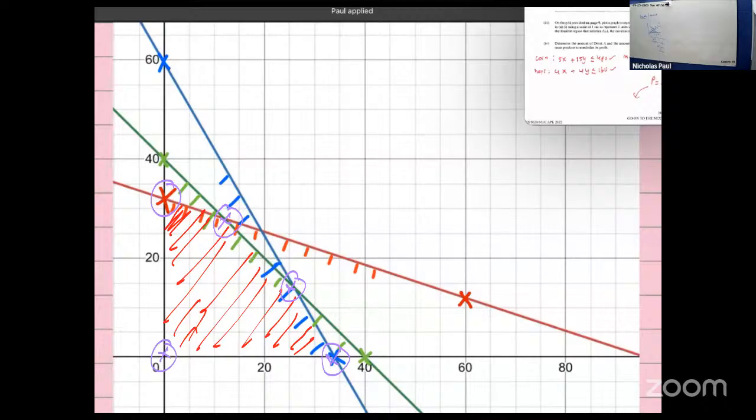Those are your common regions. So all you have to do now is just read it off and plug it in, right? But I can't really read it off that scale too well. You have to read it off and plug it into the objective function.